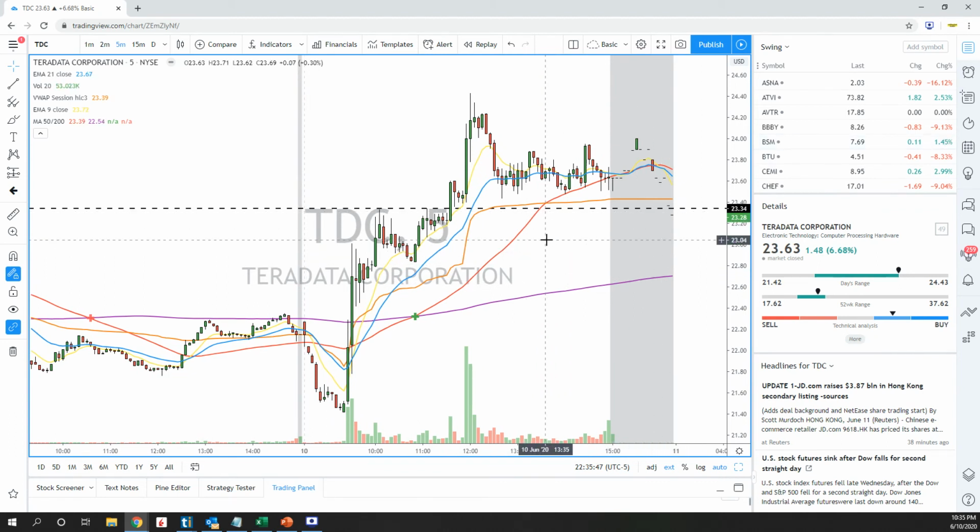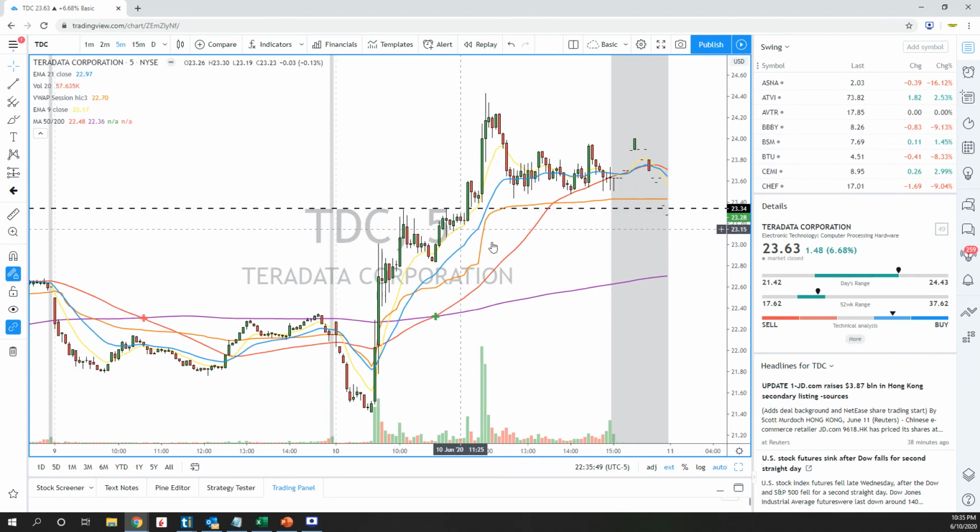Pretty clean chart, not with too many indicators. And we would buy this at 23.26 with a stop limit, 23.18 right here with a stop loss, and then we hope to get this breakout. But if we don't get the breakout, we have the stop loss right here ready to be executed if it doesn't work in our favor.